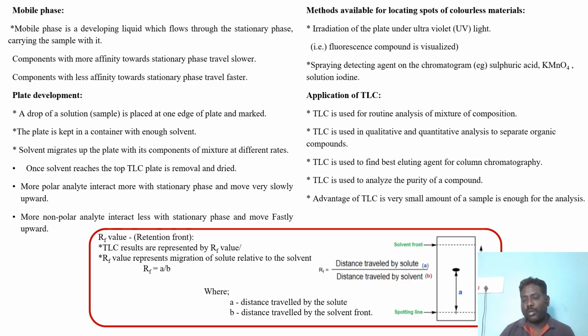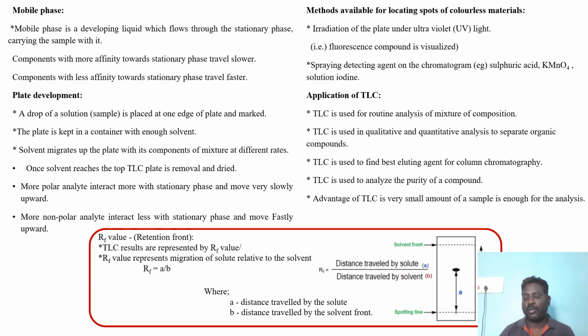It is also used to identify the best eluting agent for column chromatography. The eluting power, if you want to know it, can be cross-checked and validated using thin layer chromatography. Before doing column chromatography, you can check the eluting power of a solvent using thin layer chromatography.